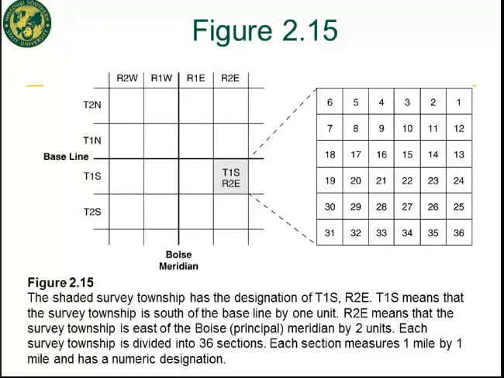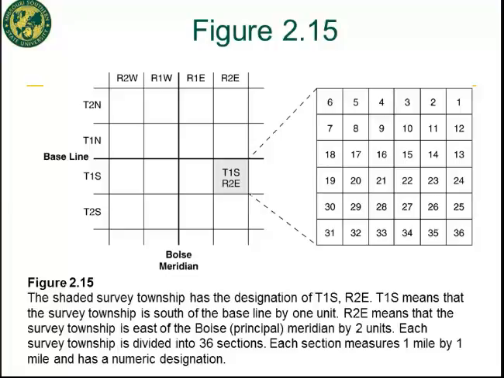Figure 2.15 describes the organization of the public land survey system. In the illustration on the left, you have a baseline and a Boise meridian. This is obviously an example from Idaho. That meridian would typically be referred to as a range line. If you are familiar with Joplin, you know Range Line Road, that is one such line in the public land survey system.